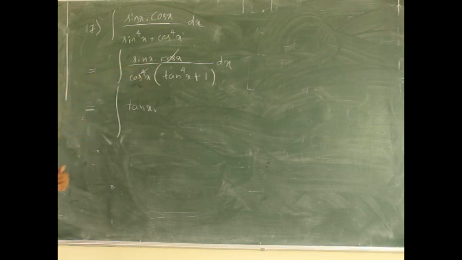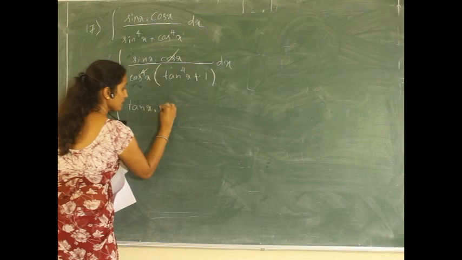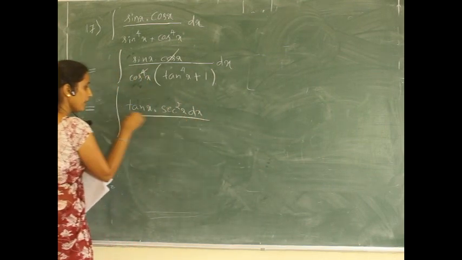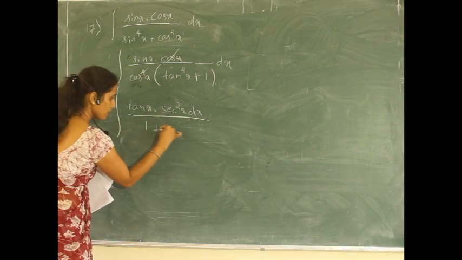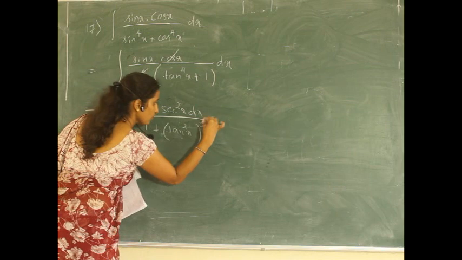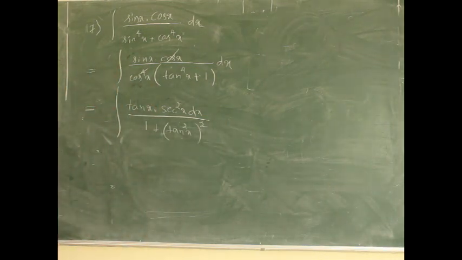So 1 by cos square x will be secant square x, dx divided by 1 plus tan square x whole square.